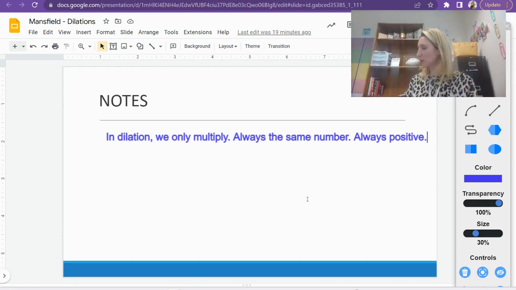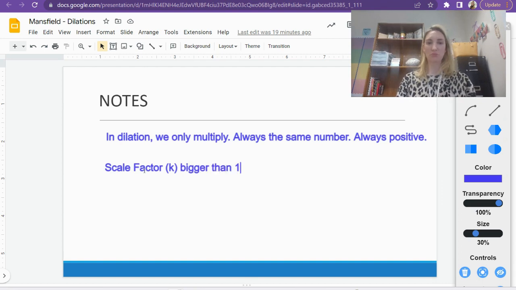All right. What else do I want you to remember? About the scale factor, the one represented by the k. If the scale factor is bigger than 1, this means that my shape is growing, is being enlarged. This means enlargement.